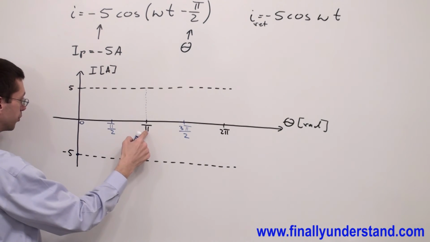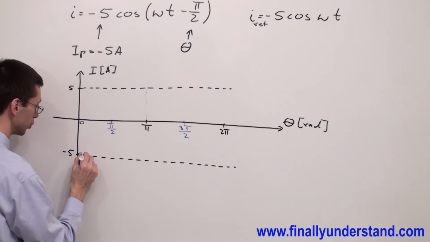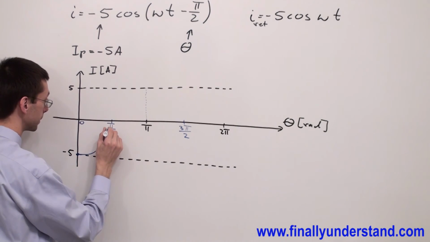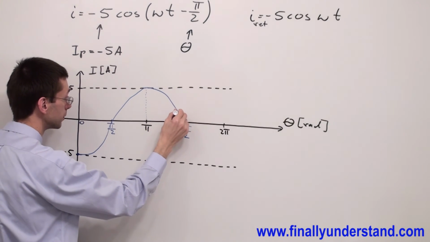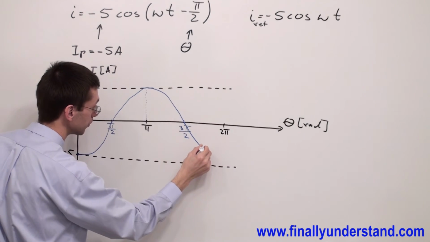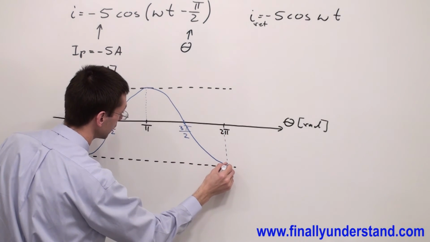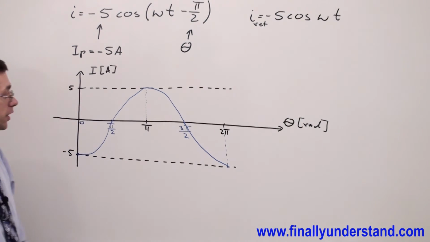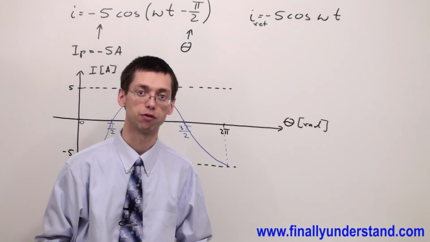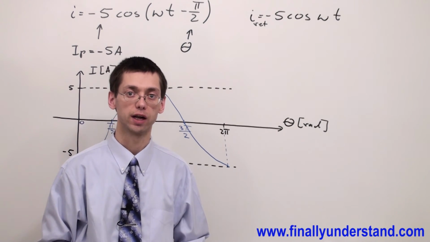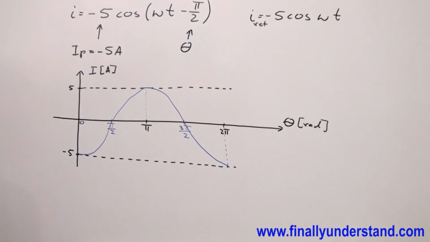That's why at pi, I'm going to have positive peak. So my cosine wave is going to look like this. Approximately. Is it the answer to the problem? No. This is just the reference wave, which is going to help me to find the answer.